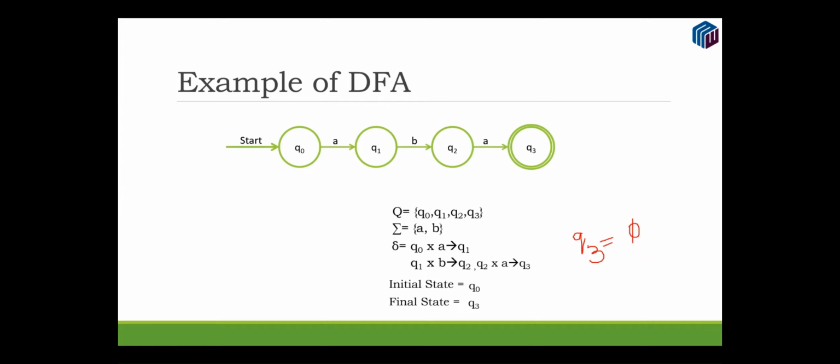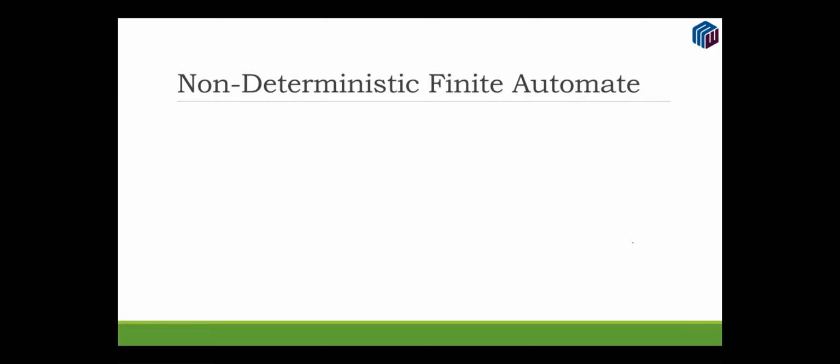Now coming to the NFA. Here in this NFA, we have the state Q0 with input A. It is moving to the state either Q1 or Q2 or Q3.